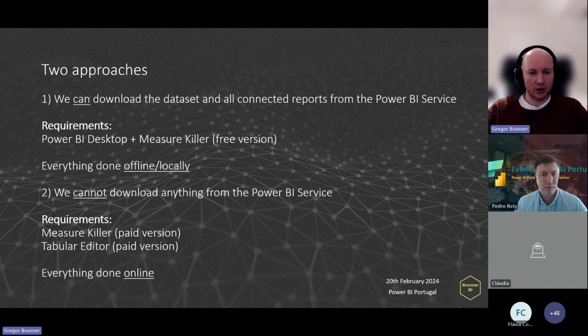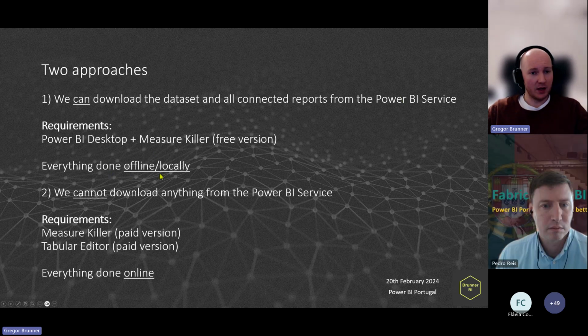We need to download all the files locally to the machine. And then we can do everything in Power BI Desktop plus the free version of Measure Killer. And that's what we're going to spend most of the time on today. We're going to see this approach where we can use only free tools. Everything here is done offline because we're just going to download everything to the computer, then change the dataset, and then we could, for example, re-upload it.